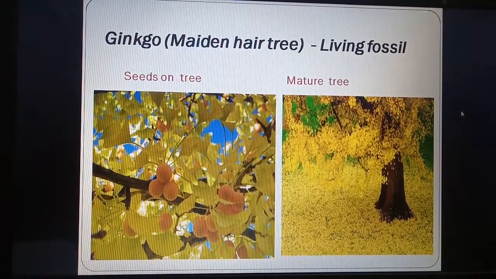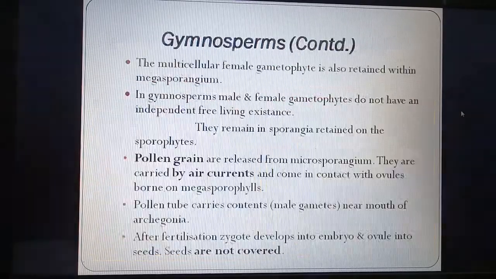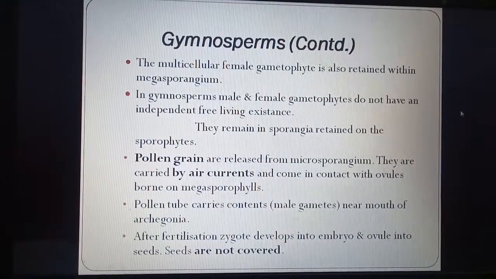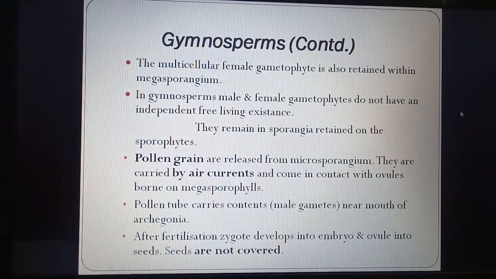On the left side we can see seeds on a tree. So there are large seeds and a mature tree. Because it is very beautiful, it is also called maidenhair tree. The multicellular female gametophyte is also retained within the megasporangium.